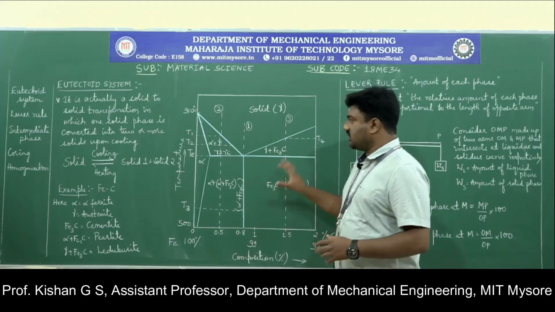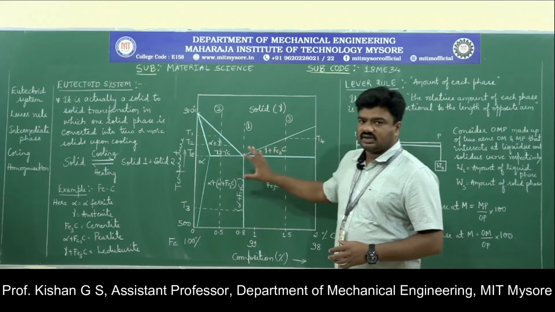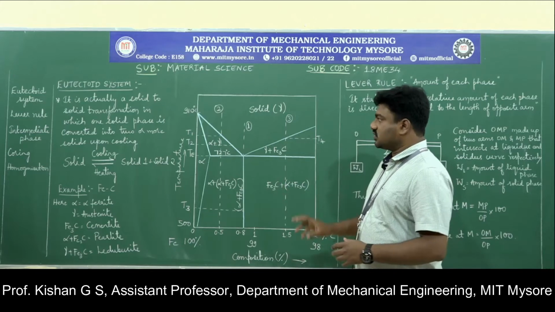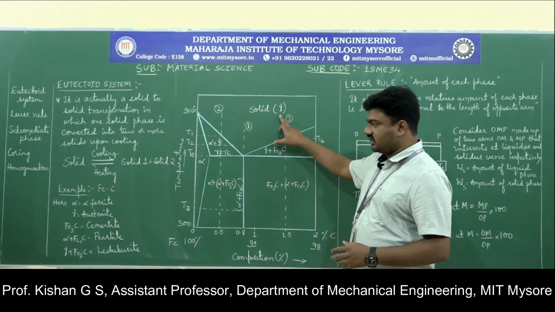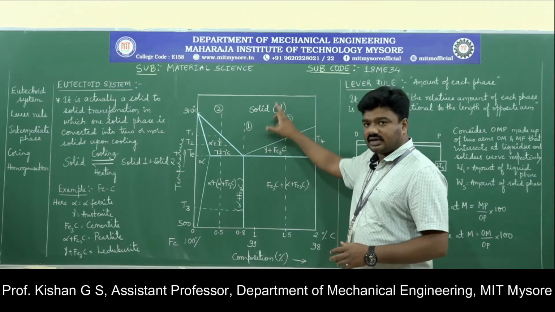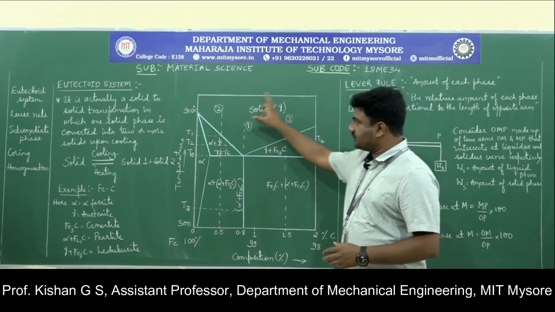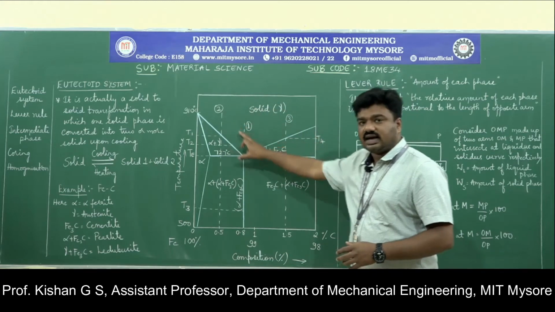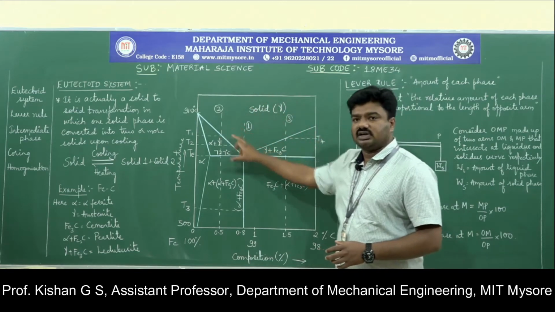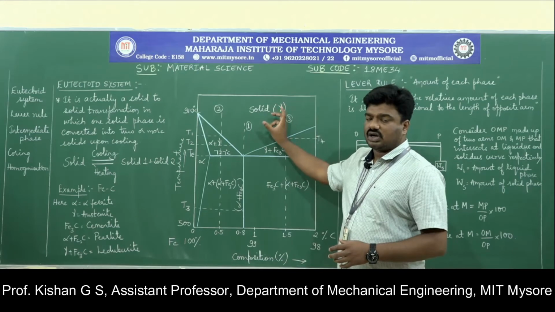Let us go through the understanding of the entire thing using this drawing. We have the gamma state, that is the austenite state of the iron carbon composition. In this zone, the entire material combination is in a completely solid state.